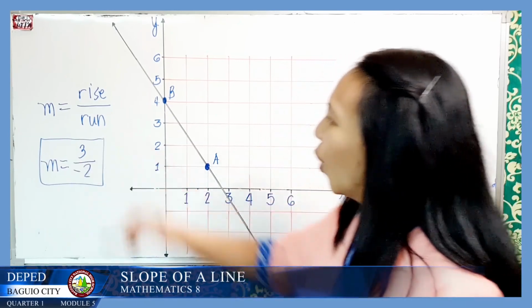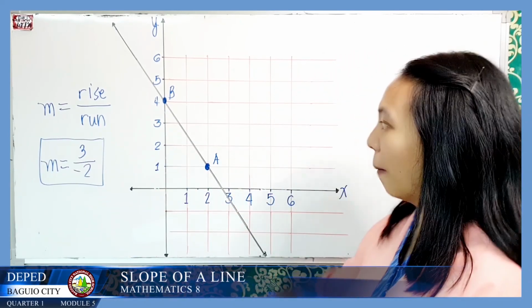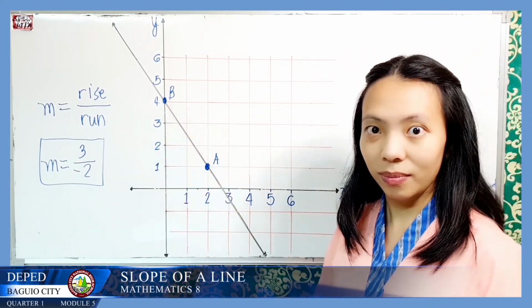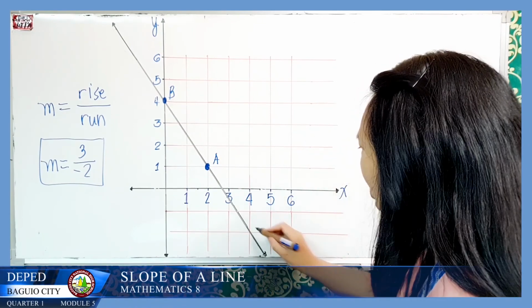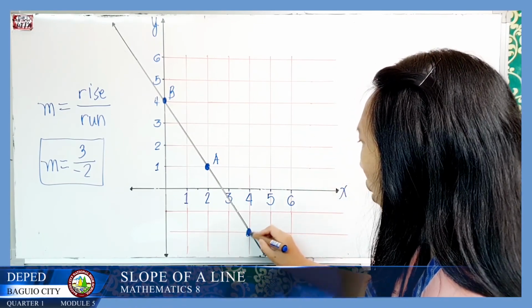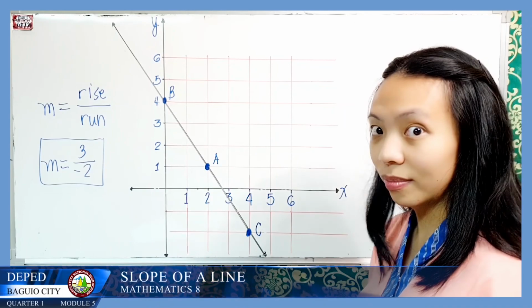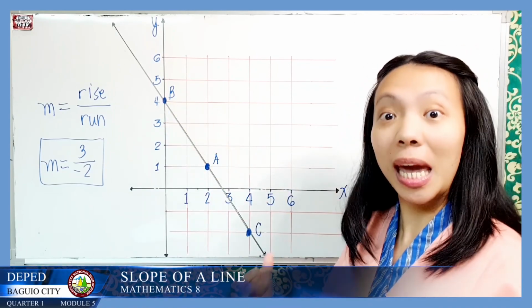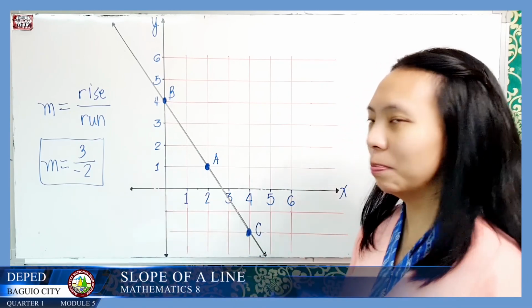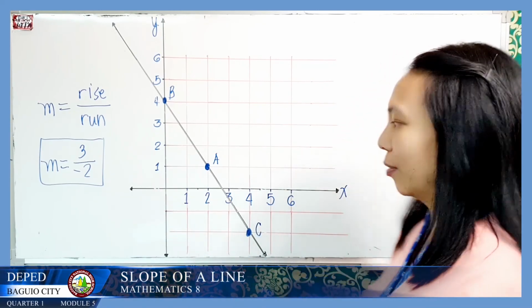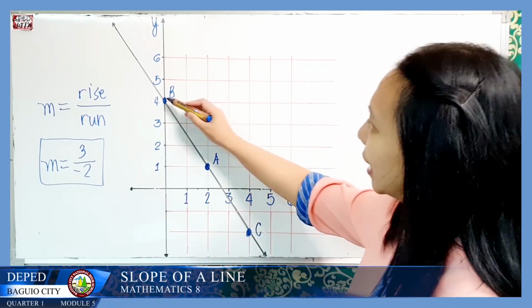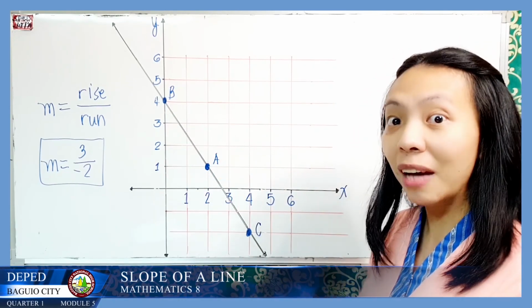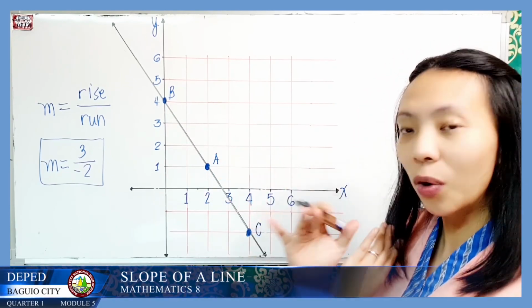What if we don't like to use points A and B? Instead, we are going to make use of point C until point B. Will we be able to come up with the same slope? Let's find out. Point C until point B. We travel vertically and then horizontally.